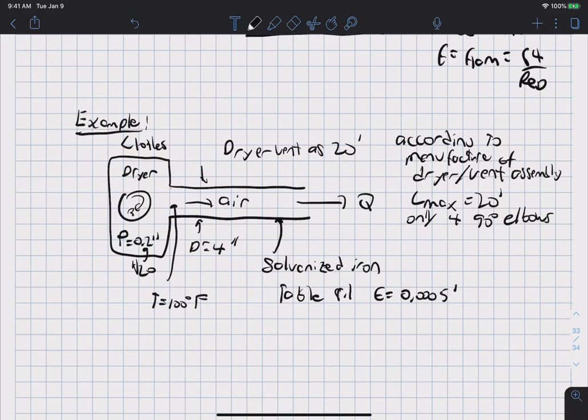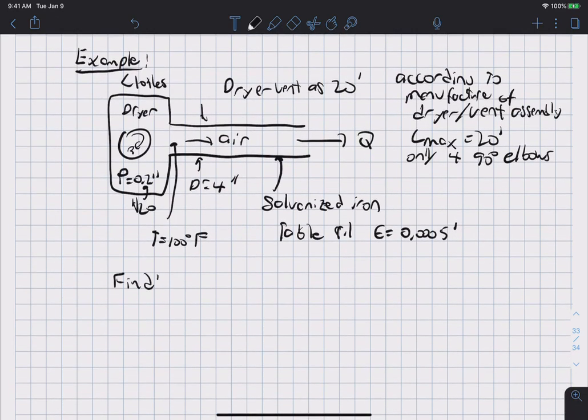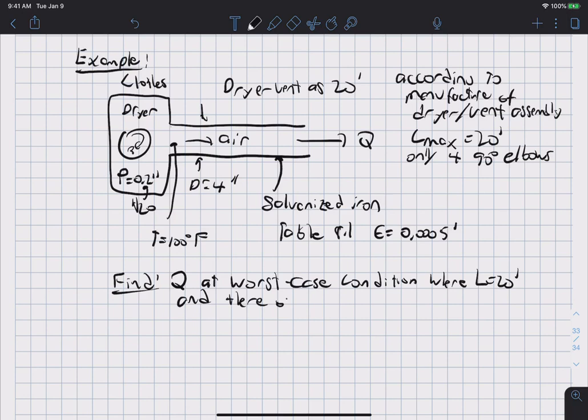Okay, and so our solution is: at this maximum, in this worst case condition, find Q. Q at the worst case condition, where L equals 20 feet and there are 4 90-degree elbows.